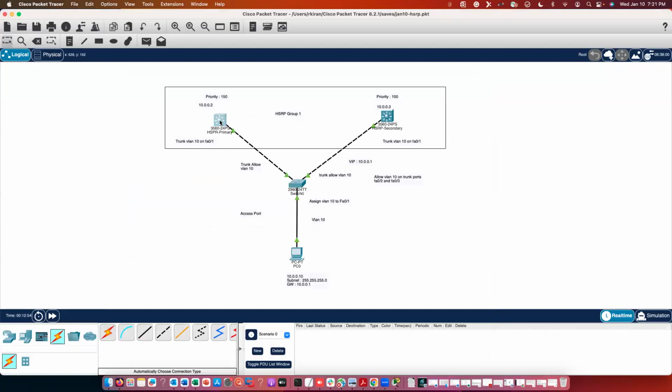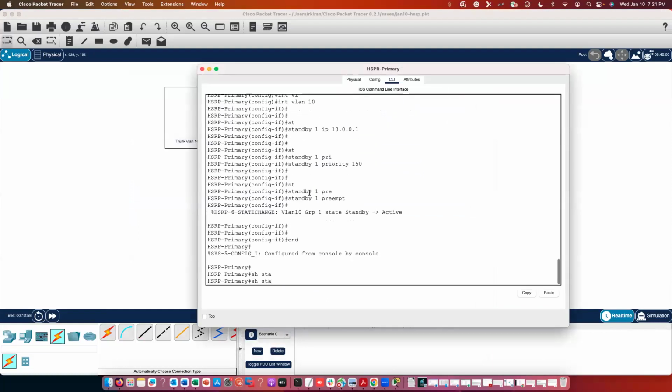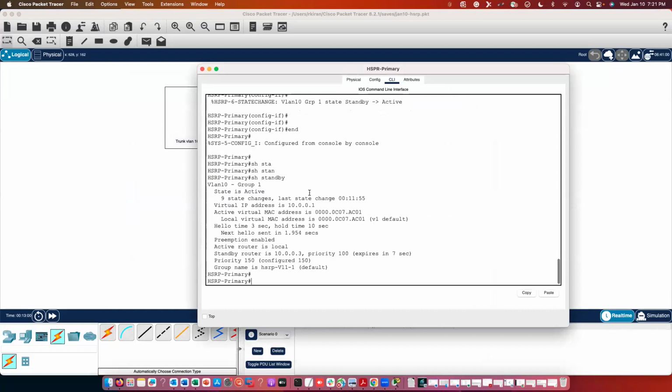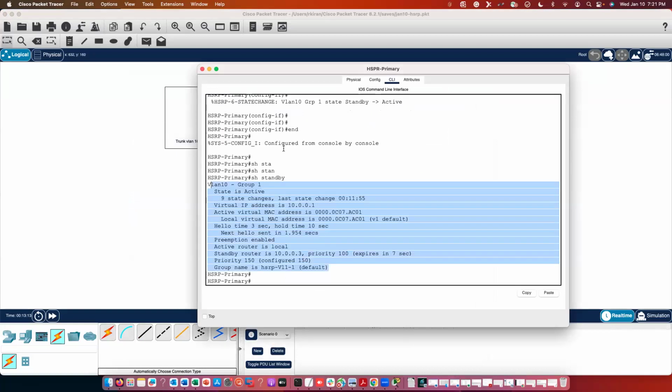Okay, let's go here and check show standby. So now we are on the primary switch, the HSRP primary switch. If you see the primary, it says the state is active. So the primary switch, which is on the left hand side, got the priority as 150 and the state is active on this device.